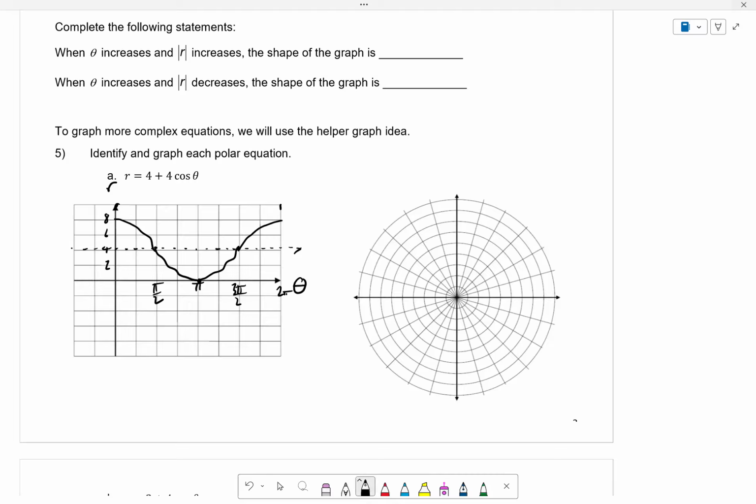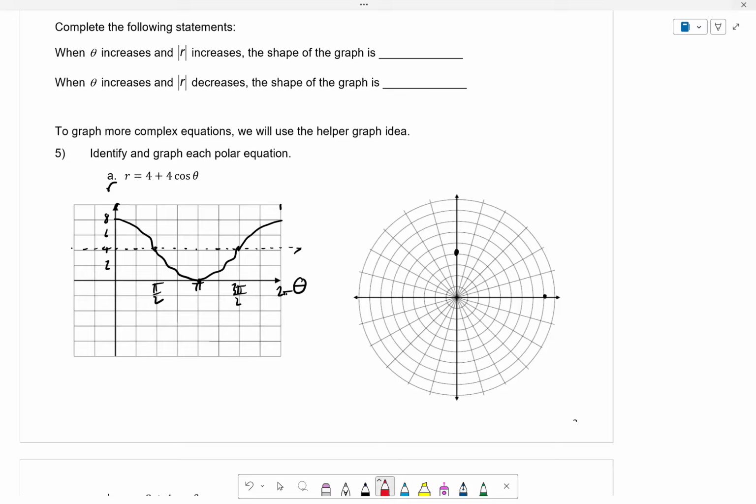First quadrant, the r's are going from 8 to 4. Can you show me what that looks like with your own personal little turny thing? From 8 to 4. You're not closing up. Don't pinch. There's no 0. 8 to 4. We're going to start here and end here.